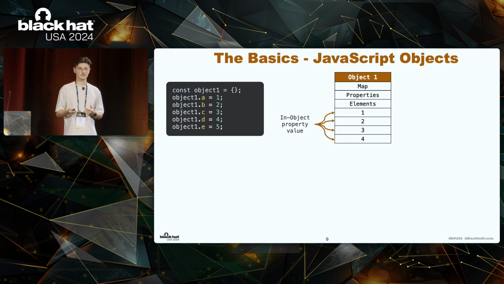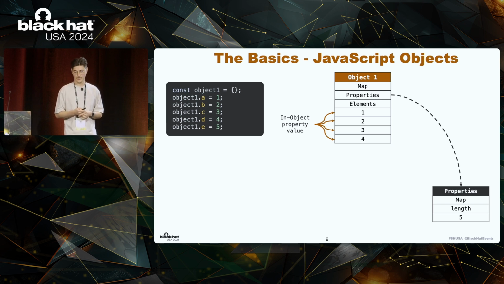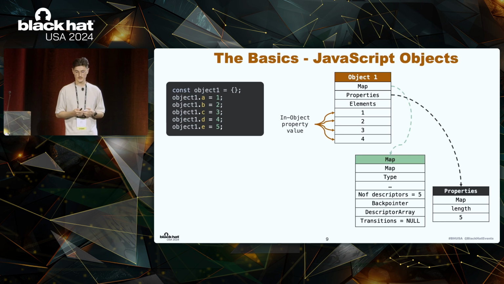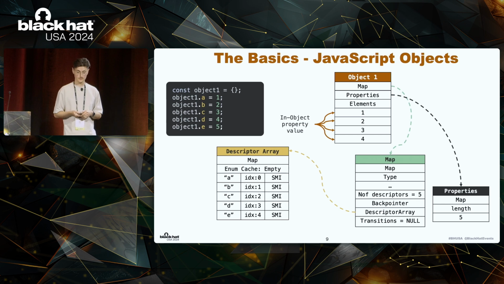The rest of the properties will be stored inside a property store outside of the object. Another very crucial field here in the object is its map. It's basically defining the shape or the type of the object, and some interesting fields can be also found here, like the number of descriptors, which is giving information about the number of properties the object has, and the descriptor array.